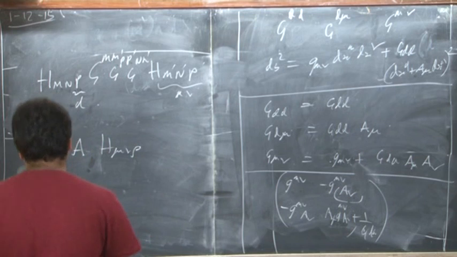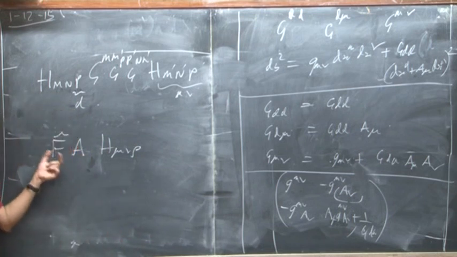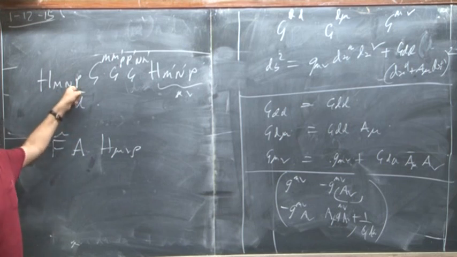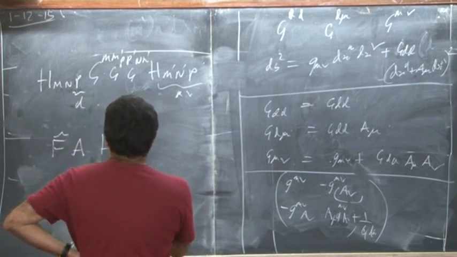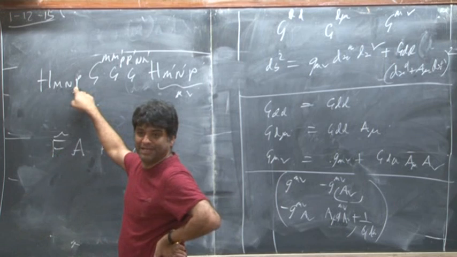And then finally there are the terms in which in both of these you have one D index. Now, that structure has two possibilities.